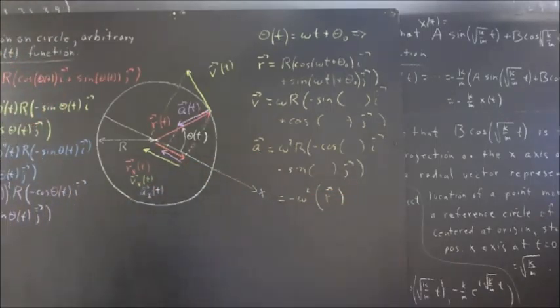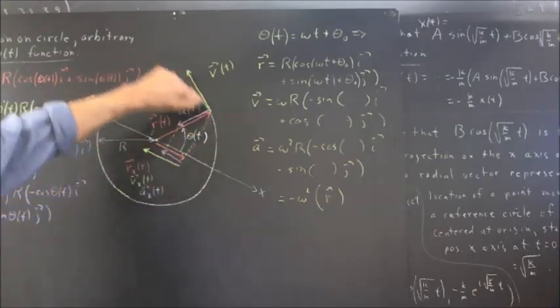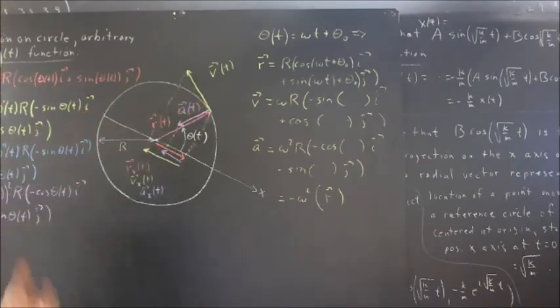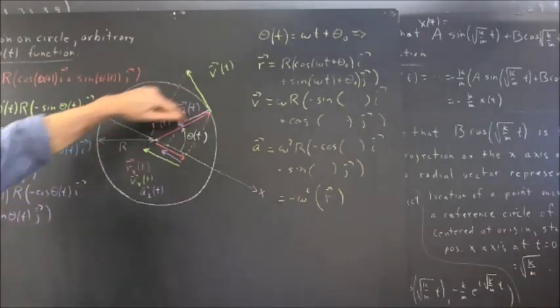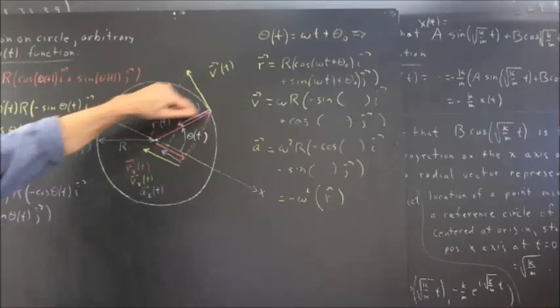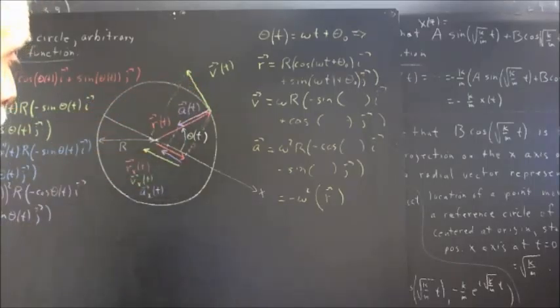So we assume that we have a point moving around the reference circle. It has a velocity at any given instant, and there's an acceleration. But importantly, for this task, we have the radial vector out to the point. That's the vector r of t, and we project that vector down onto the x-axis. And what is that projection?